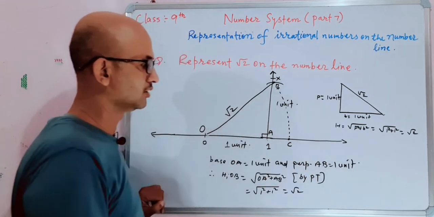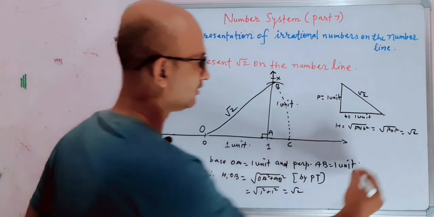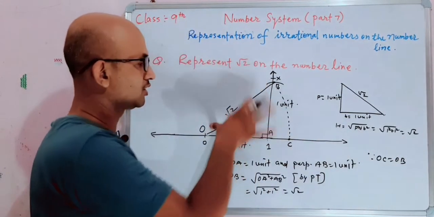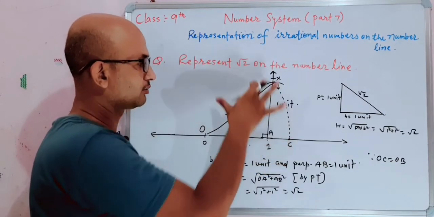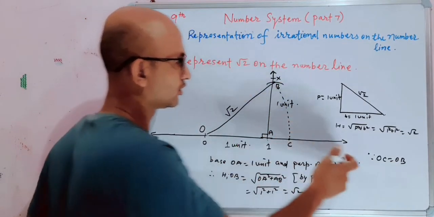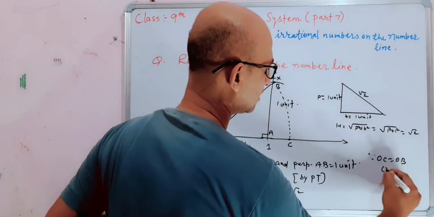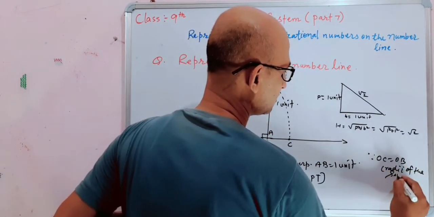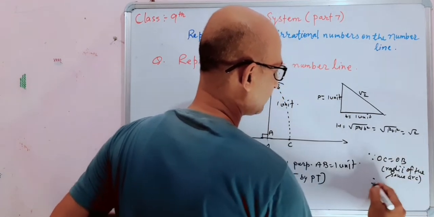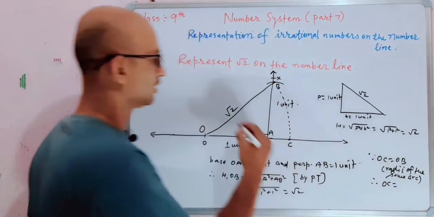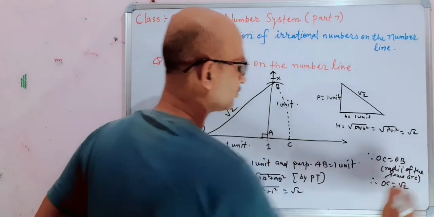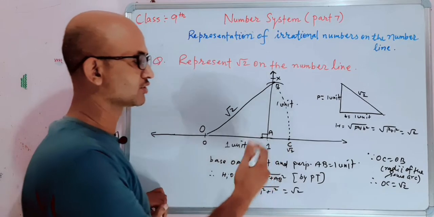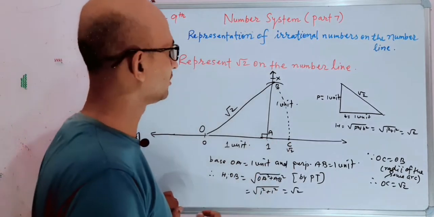Name this point as C. Since OC and OB are radii of the same arc, they are equal. Therefore, OC is also equal to root 2 units. In this way, the point C represents root 2 on the number line.